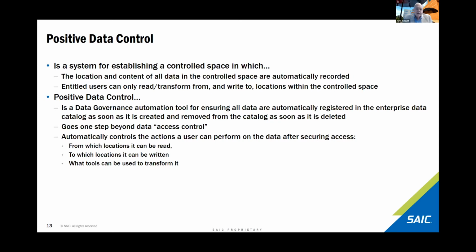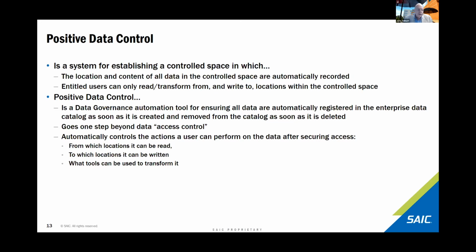But in most of those cases, and I know many of you that are watching this realize that, you often have to pull back from that aspiration and say, well, we're just going to catalog our most important data. And most people rely on auditing and basically employee loyalty to comply with policies.